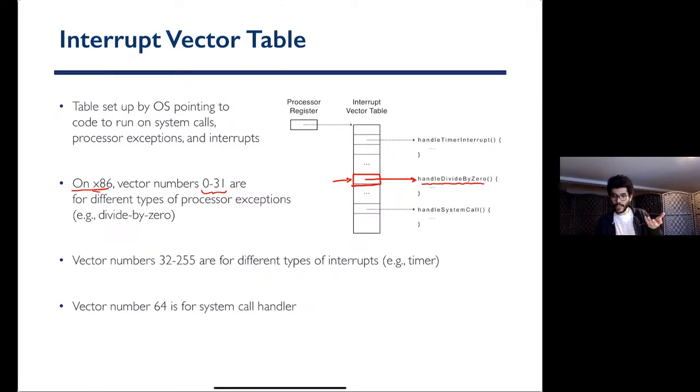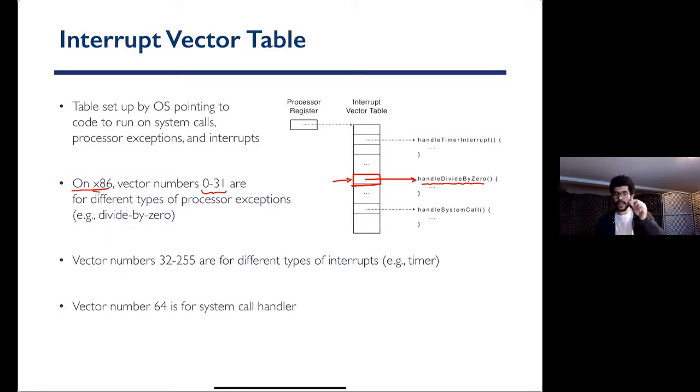When the operating system is booting up, it knows this address is going to be used for divide by 0. Whenever divide by 0 happens, hardware is going to come and check this, so I better write the address of the divide by 0 handler here. Now, during runtime, if divide by 0 happens, hardware checks this memory location, finds the address that the operating system wrote, and just jumps there.